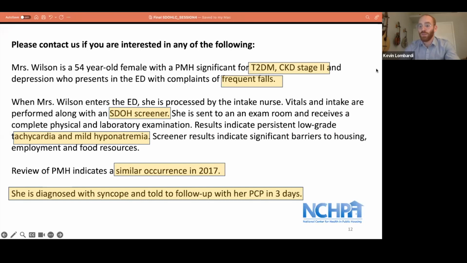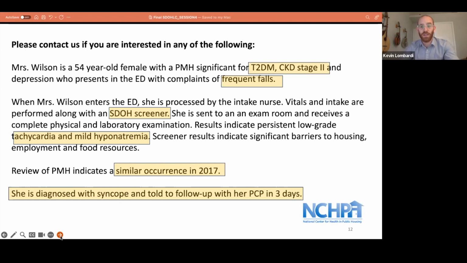Looking at the SDOH screener, many systems struggle with when to put their screeners in the workflow process. It's a question that is often frustrating, and at times institutions can either overuse or underuse screeners based on individual dynamics in their system and their work and patient care needs. This individual had a screener at the beginning of her ED visit, during her inpatient stay, and at the end of her inpatient stay.